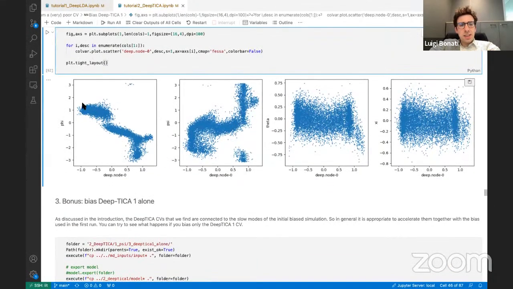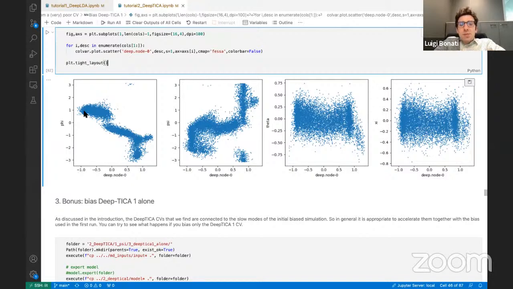This is just the relationship between the deep TK CV on the x-axis and phi and all the other torsional angles. As before, we see that it's definitely correlated or anti-correlated, but it will be very different from biasing just phi.